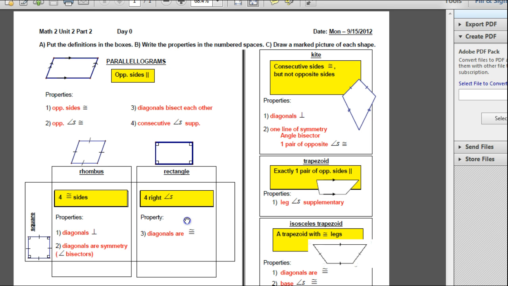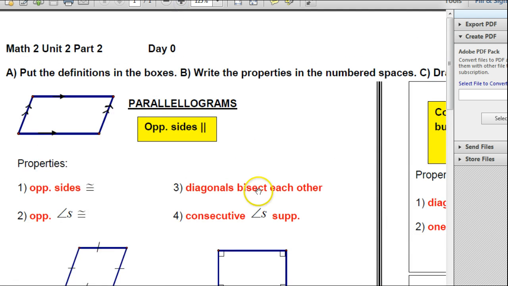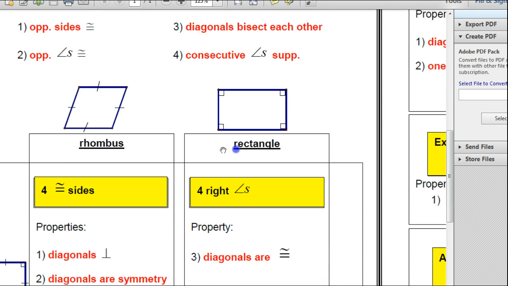handy-dandy set of notes where I've outlined the key points. The ones shown in yellow here are the definitions. For example, the definition of a parallelogram is that opposite sides are parallel. The definition of a rhombus is that we have 4 congruent sides. The definition of a rectangle is that it has 4 right angles.